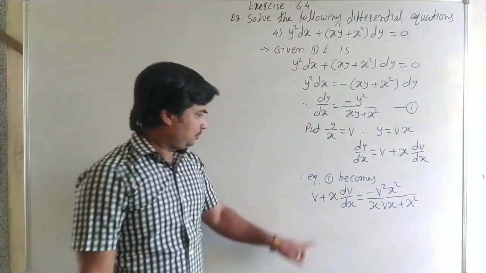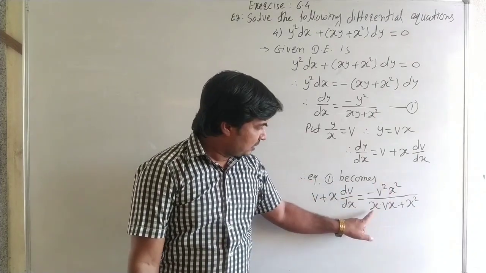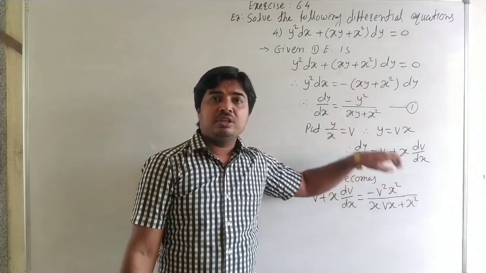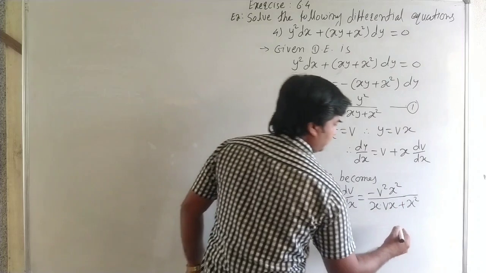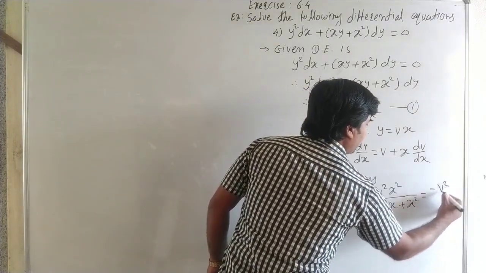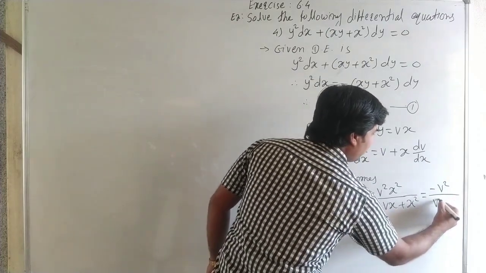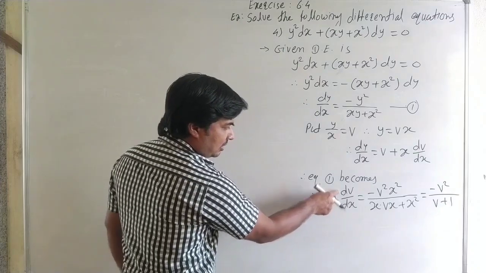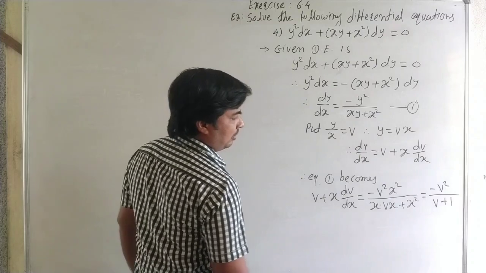Okay, now it is v square x square, and again here it is x square. So take in the denominator x square common and get cancelled. Then we write here minus phi square, x square get cancelled, upon phi plus 1. Now here phi plus x dv by dx equal to minus phi square upon phi plus 1.